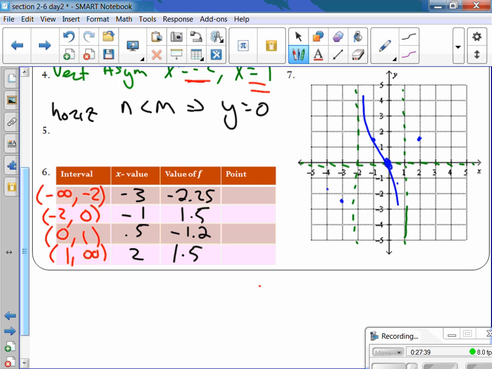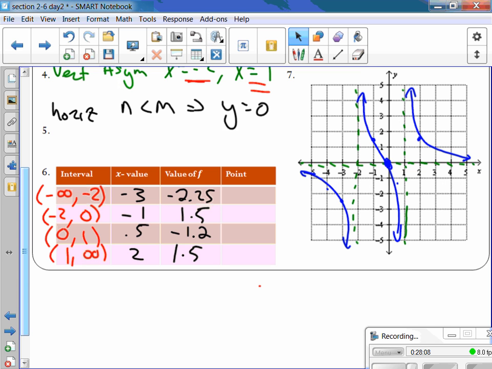But how can we have it crossing the horizontal asymptote in the middle? Isn't that a horizontal asymptote? What is a horizontal asymptote? Is that something I can never cross? No, I never defined a horizontal asymptote as something you could never cross.